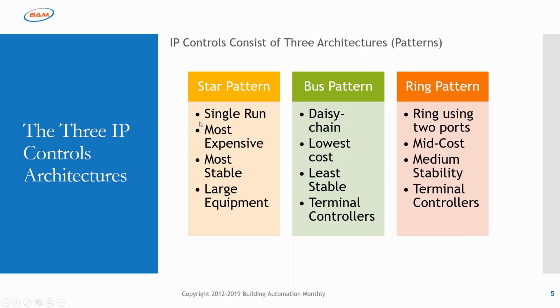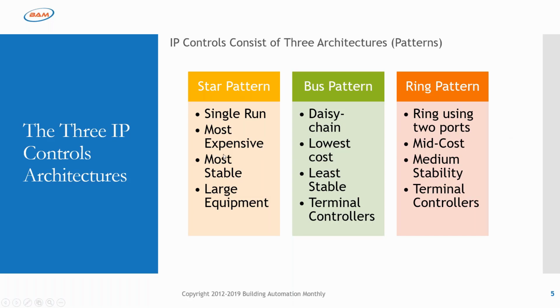Some layer 3 Catalyst Cisco switches are upwards of $10,000 for the most advanced models, and some are much less than that. It's also going to be expensive for the wiring typically, because you're going to have to go from the switch to each device rather than these other patterns where you go from device to device to device.